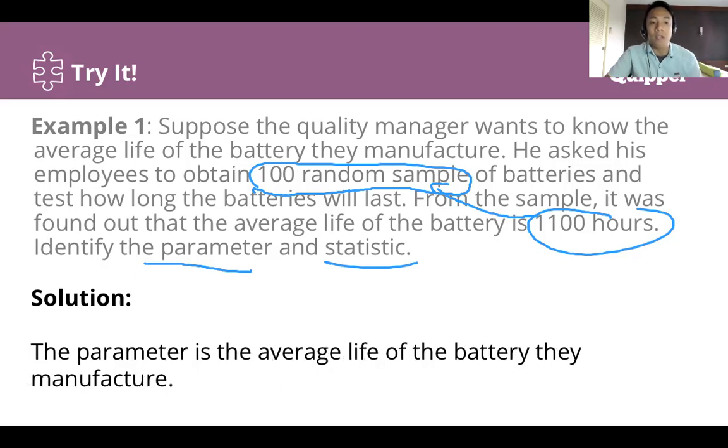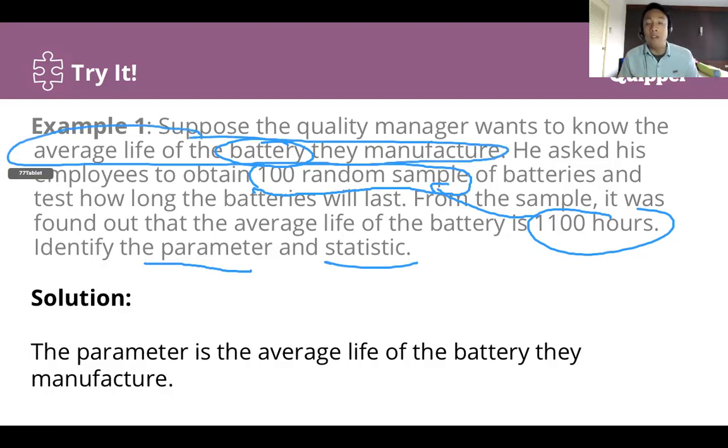Now for the parameter, it is the average life of the battery they manufacture. Right? It's because our population here is the battery. And since we don't have an exact number of batteries manufactured each day, ang kinuha lang natin is the average life of the battery they manufacture. Nakukuha?